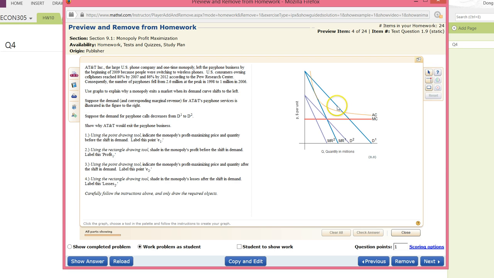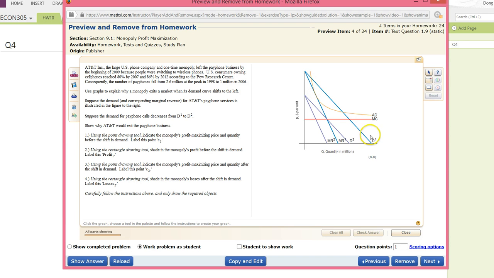So in this graph, we were given two demand curves, one at D1, another one is an inward shift, which means that the demand is going down and shifts to D2. And hence, for the monopoly, we also have to get the marginal revenue curve.